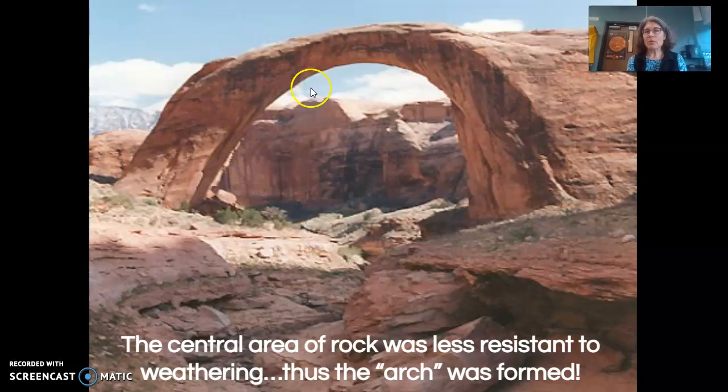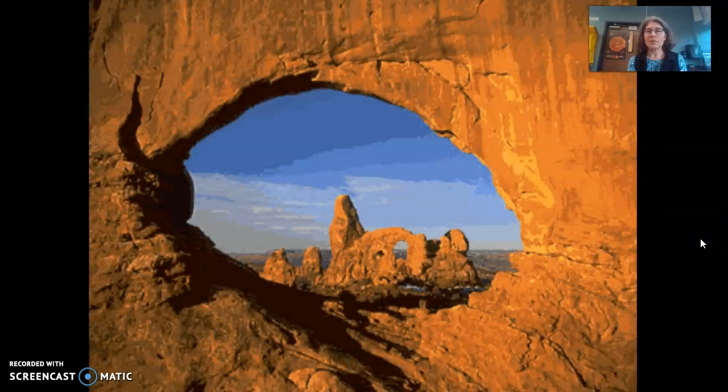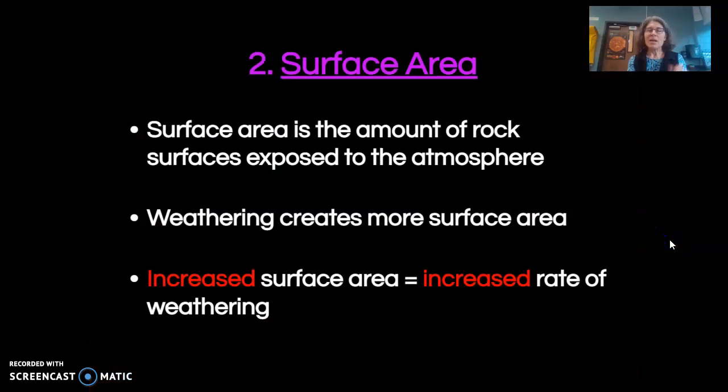As an example here, the rock that would have stood here, where that open archway is, would have had a lower hardness than the rock that is above it at the arch. The same thing is happening here, so if you've ever been to Canyonlands National Park, that is what actually caused many of those features.